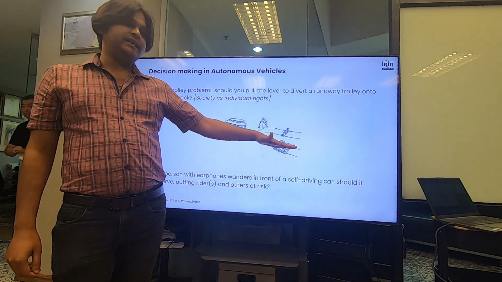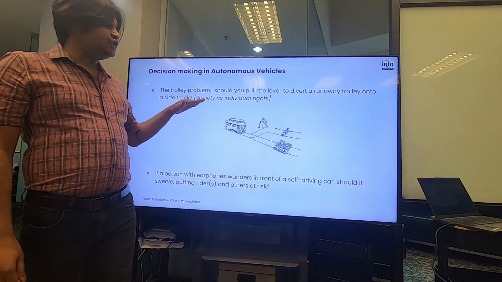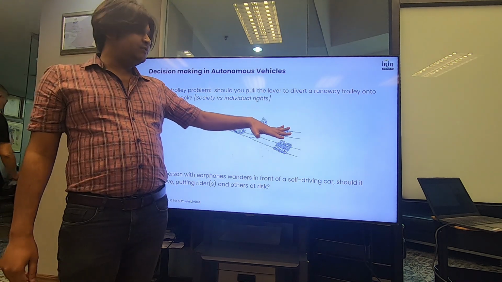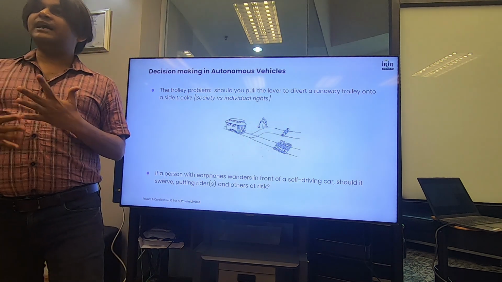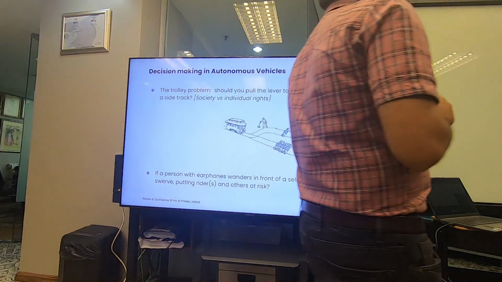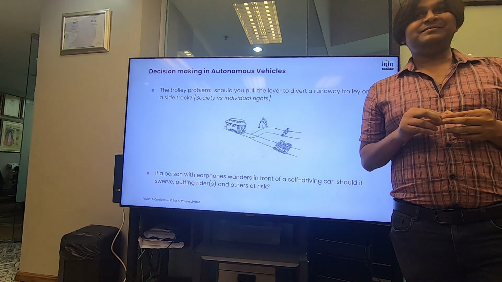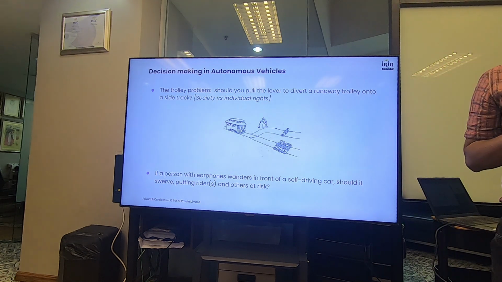If the train goes in its way, it is possible that 5 people will get killed. If you change its track, it's possible that one person will get killed. You have the ability to change the track of the train. So what will you do? I'll change. Change why? Change the train to the one person.